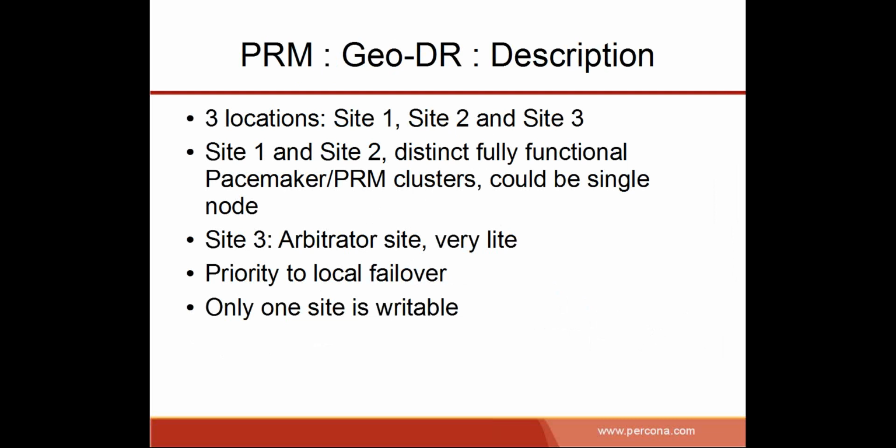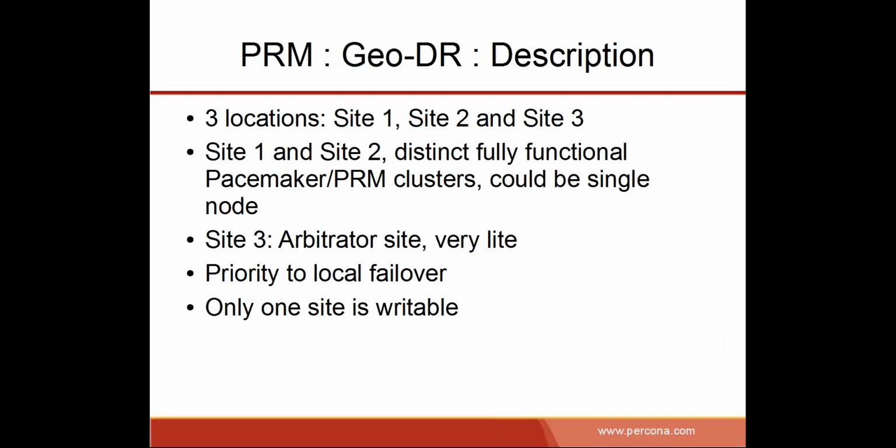It will work as a single node cluster. So if you just want to have disaster recovery and your remote site, you don't have to have many hosts there, it will work with only one. As long as it's running PRM, Corosync doesn't make any sense there, but it has to be there. But it will work.